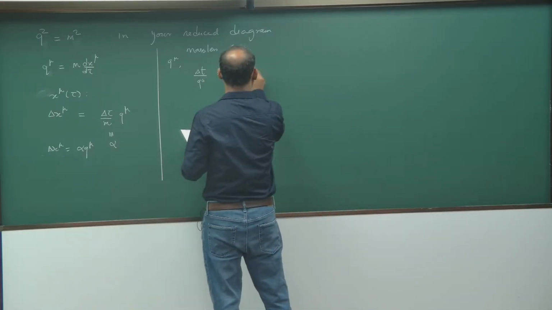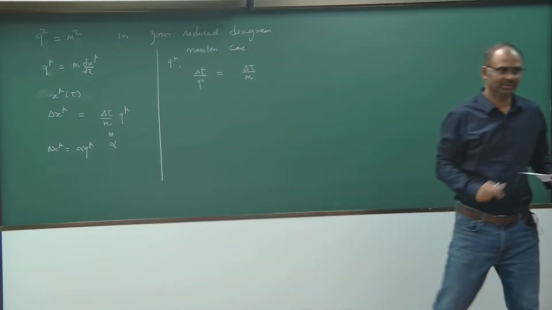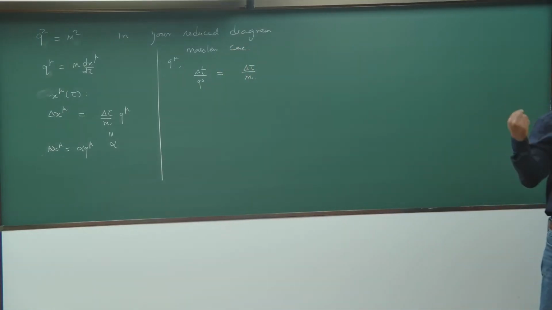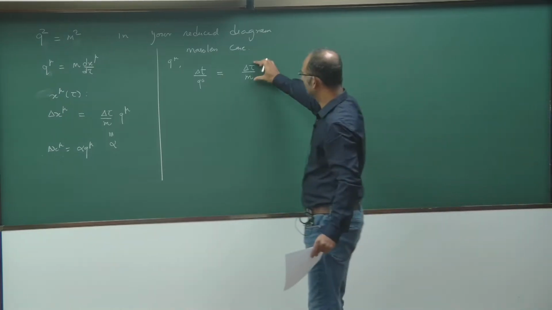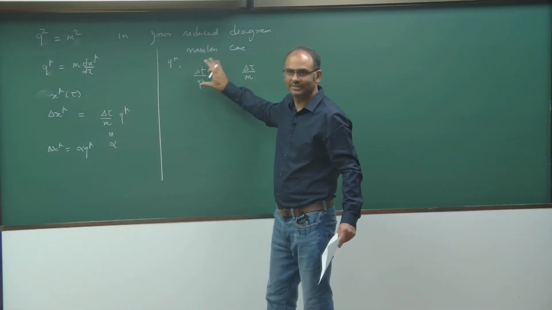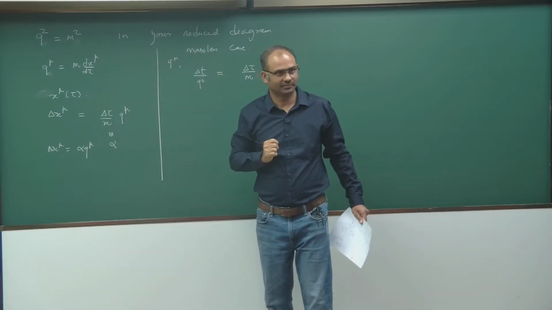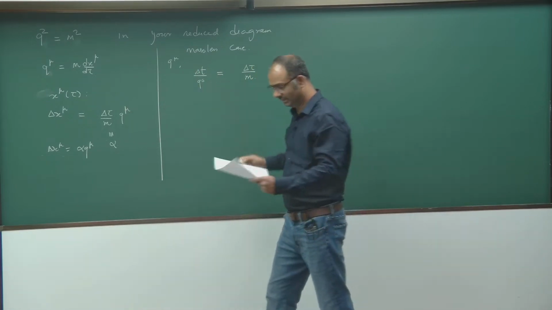And that's the same as this. Right now, it's for massive case. So what I'm doing is, I had this here. I've written it in a form which I can then use for massless case also, because the reference to mass is gone. So delta t over q naught.